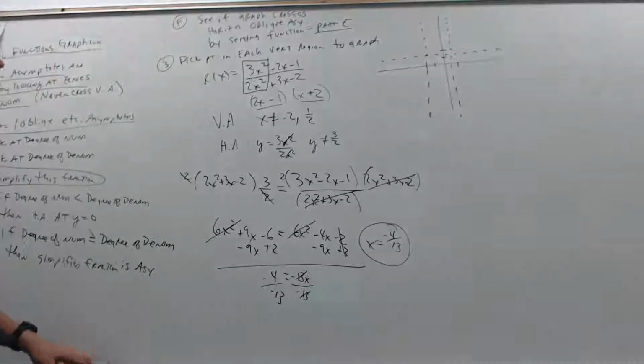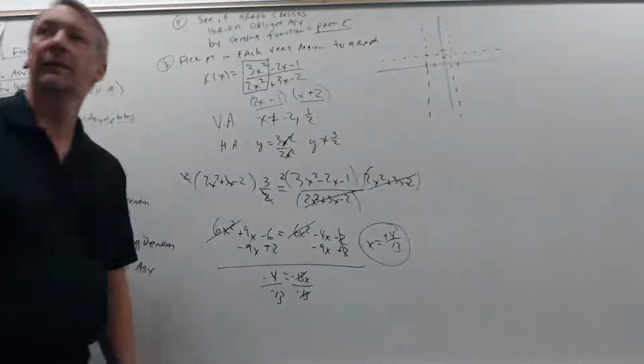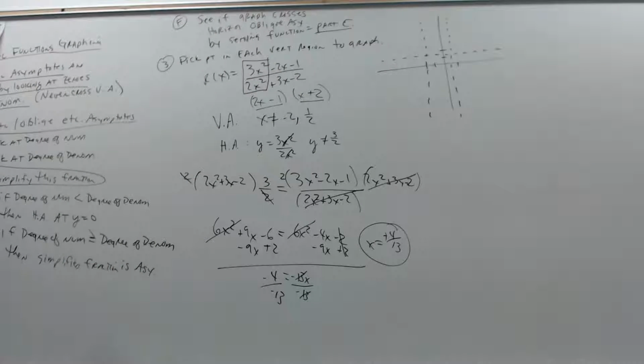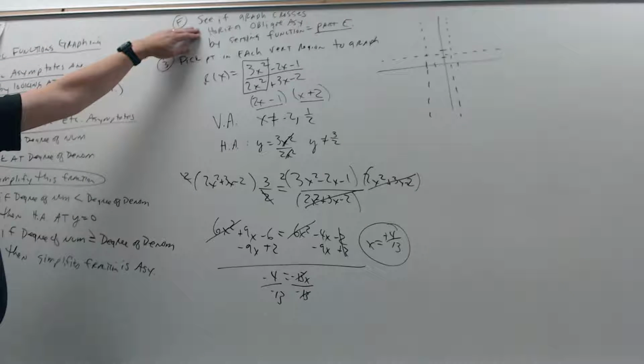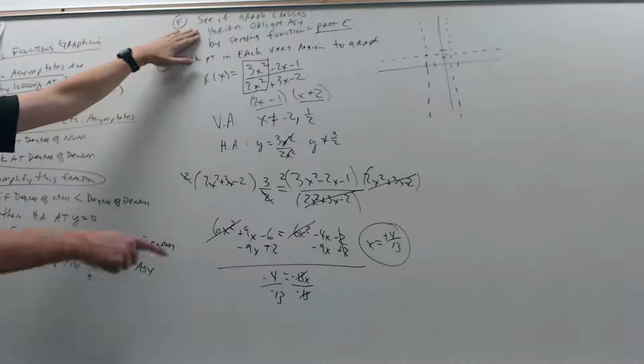Okay, so what did I just do? This is positive 4/13. What were we checking? We were trying to see if it crossed. Does it cross? Yes, it does. I got an answer here.